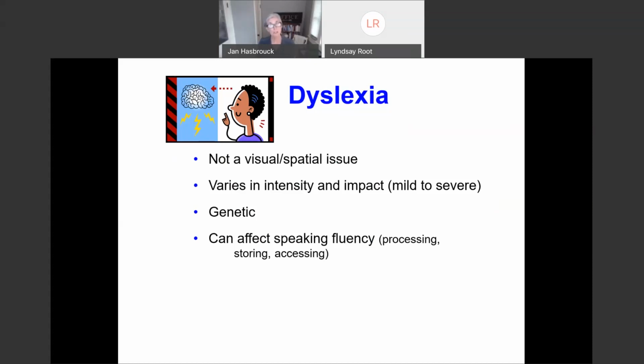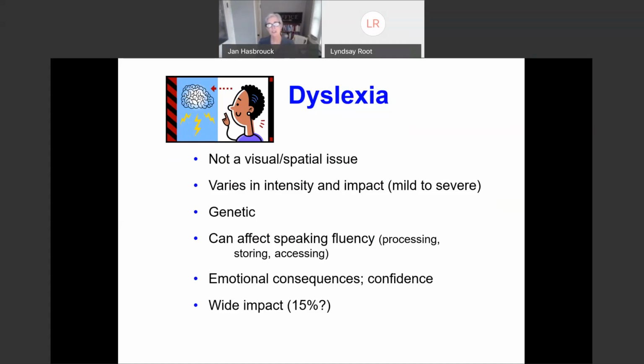Dyslexia can affect speaking fluency because of the difficulties in the left hemisphere with processing, storing, and accessing. As we saw from Noah's heart-rendering journal page, there are severe, sometimes emotional consequences and lack of confidence.